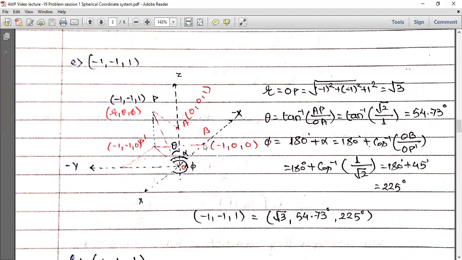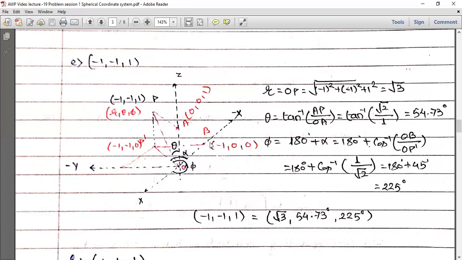The projection has coordinates B. So when you form the projection of P dash on the negative x-axis, you find the coordinates as (-1, 0, 0). Now with respect to this alpha, the angle at B is 90 degrees. So P dash B is the perpendicular, OB is the base, and OP dash is the hypotenuse, and therefore alpha can be written as cos inverse of base upon hypotenuse.